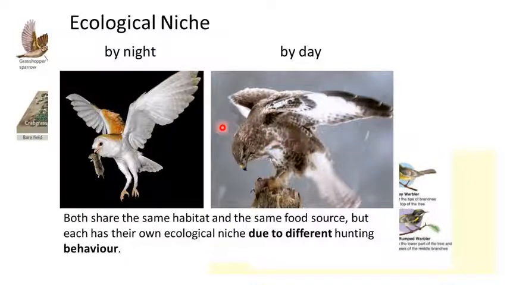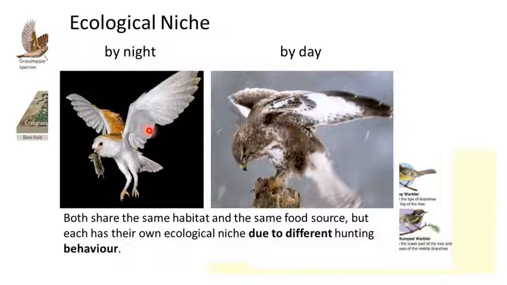To avoid competition, they have developed their own niches by adapting according to the place or habitat they live in. For example, this owl feeds only in the daytime, and this owl feeds only at night. So they have two different hunting behaviors. This one is completely nocturnal, it goes and feeds at night time. This one goes and feeds in the daytime.